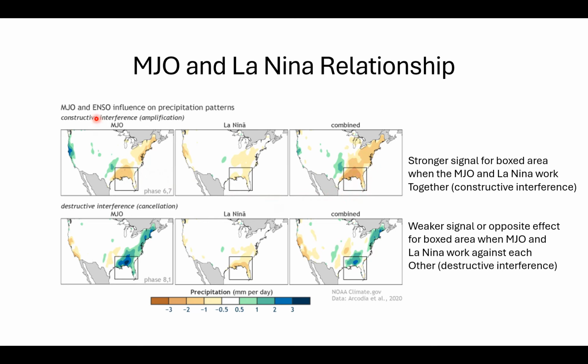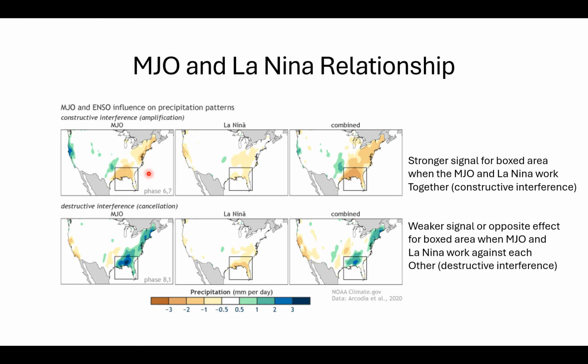If we look at just MJO alone here in the upper left, where I have my red dot, this is the general result of MJO being in phases 6 and 7 in the winter. The yellow and brown coloring indicates drier than normal conditions.